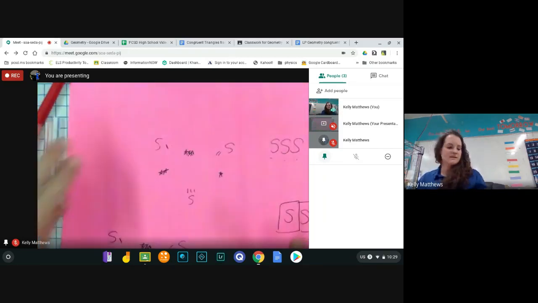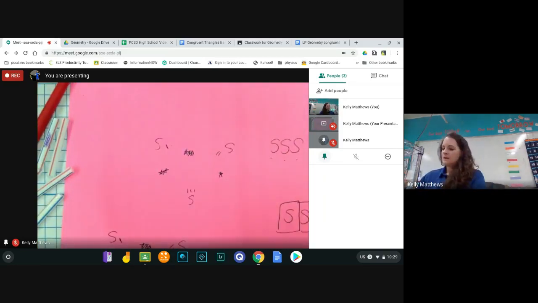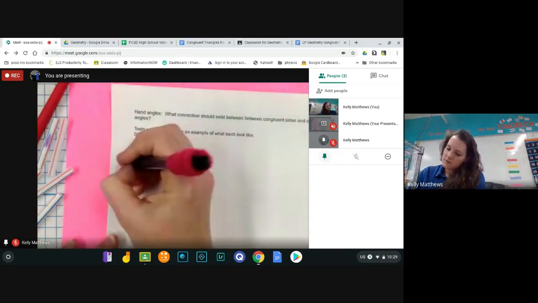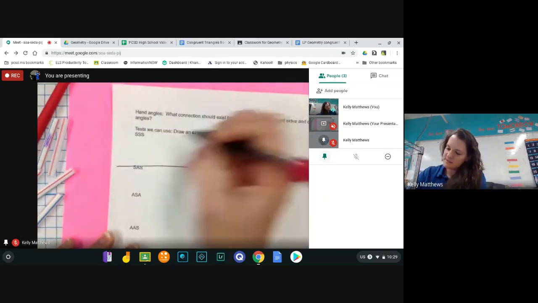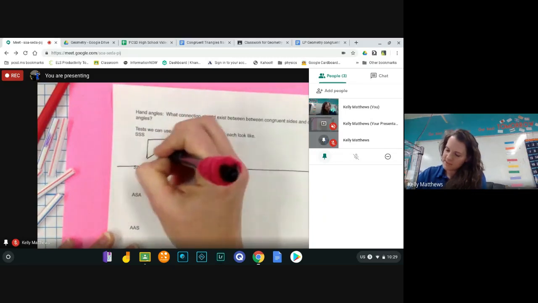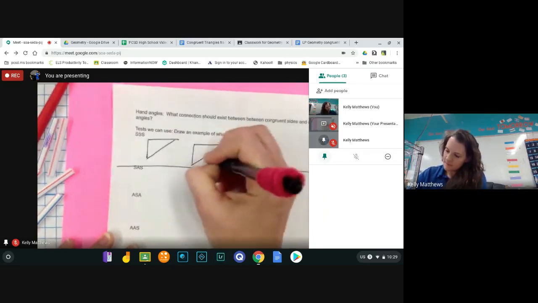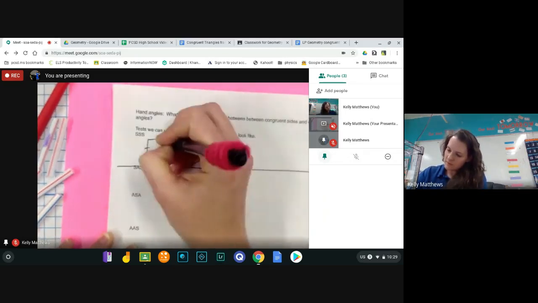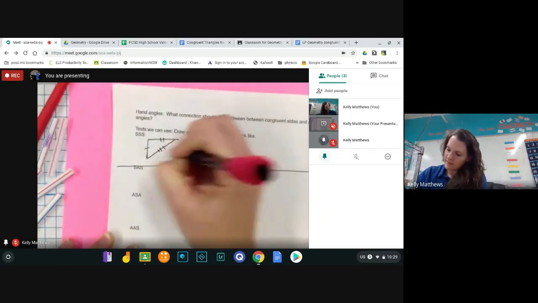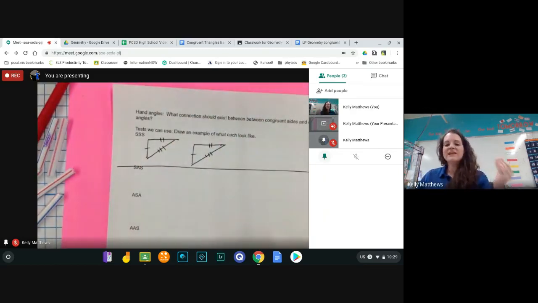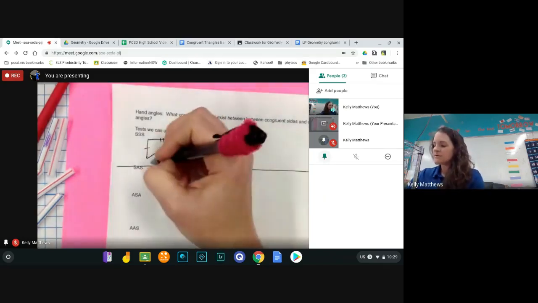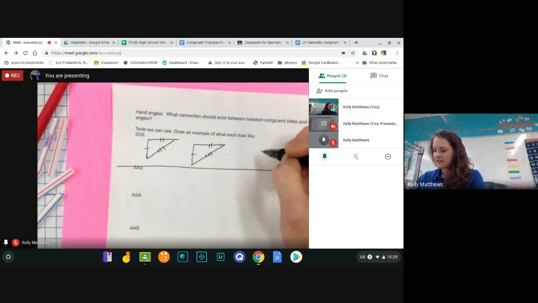And so side, side, side just means that there are 3 sets of sides that we know have a match. And that if that is the case, everything else has to have a match also. And so these are congruent by the side, side, side test.